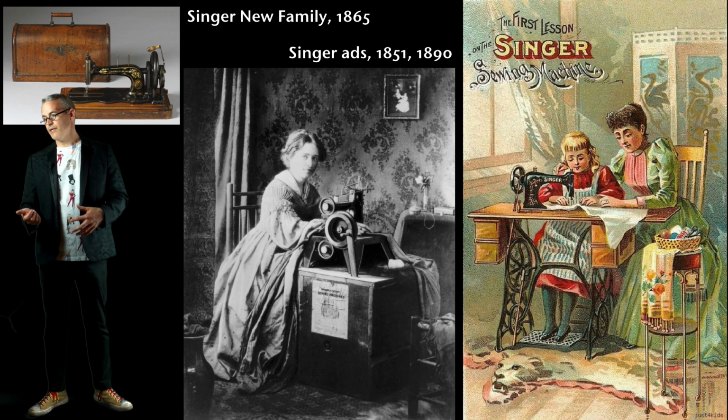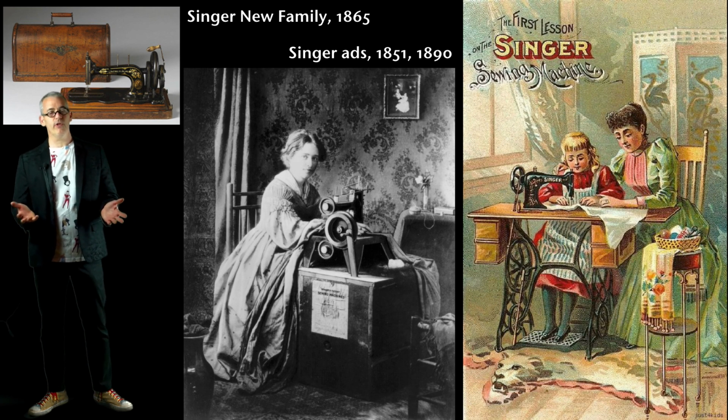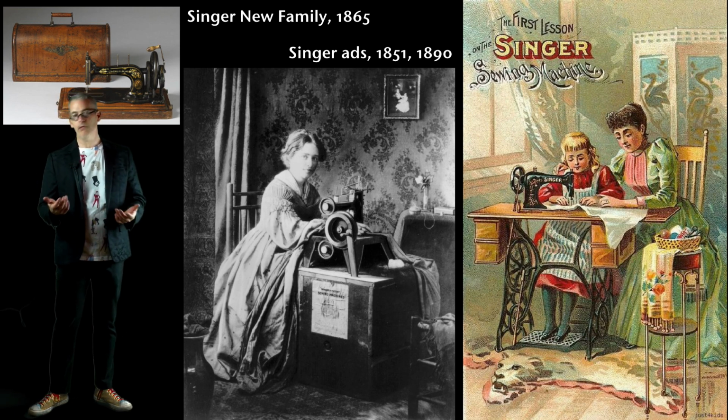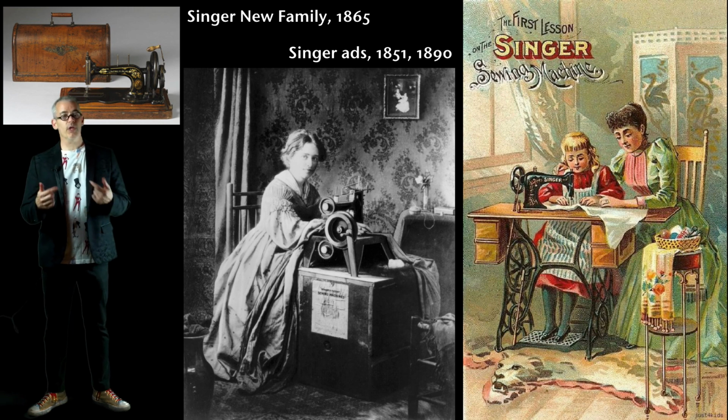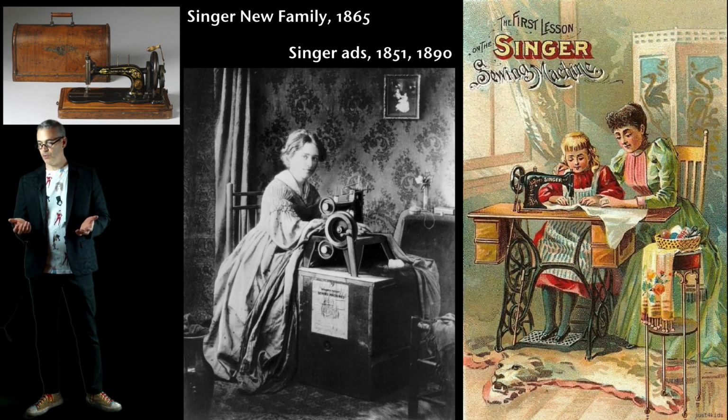Really quickly, Singer realized that the equipment needed to match the decor, and sewing machines became available in a wide range of styles so that you could suit your own taste. You could use it in industry in a factory, or in your sewing room with your Japanese screen and your animal carpet. Singer realized that style would matter. What the thing looked like made a difference and would get this into more places.